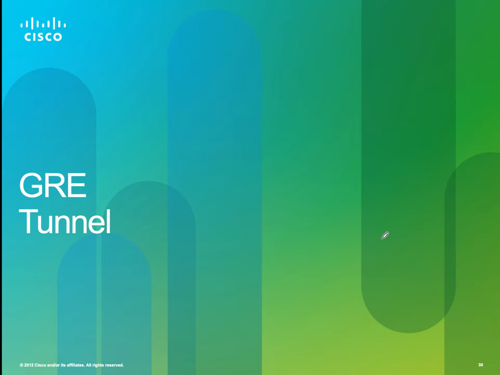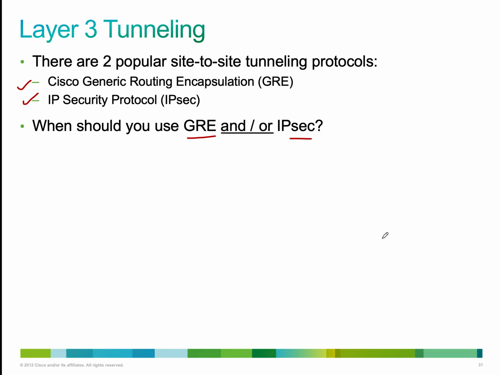Okay. Now let's go to the GRE tunnels. GRE is a protocol, right? GRE and IPsec are protocols that help the data packets go through the tunnel. Now let's take layer 3 tunneling. There are two popular site-to-site tunneling protocols that are usually used.